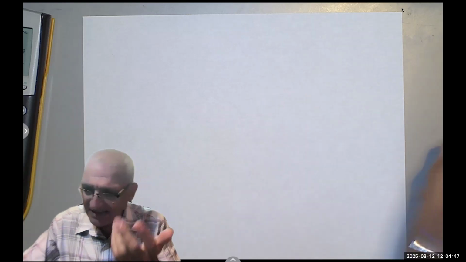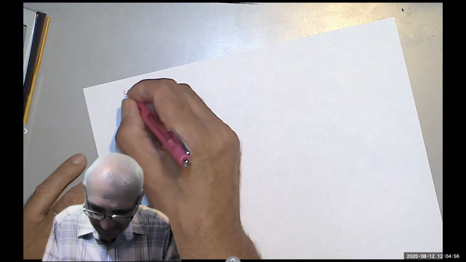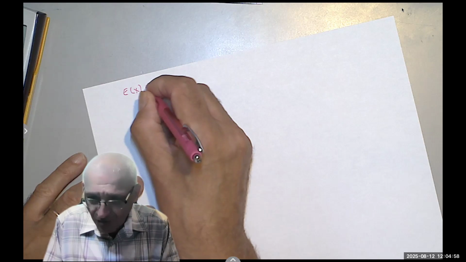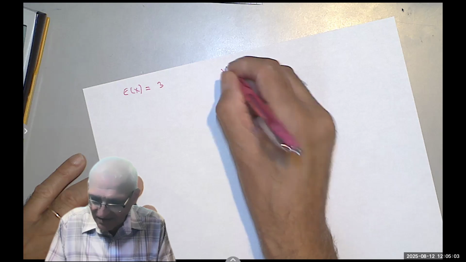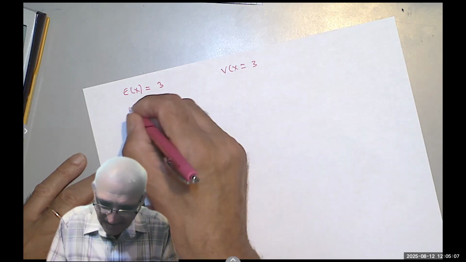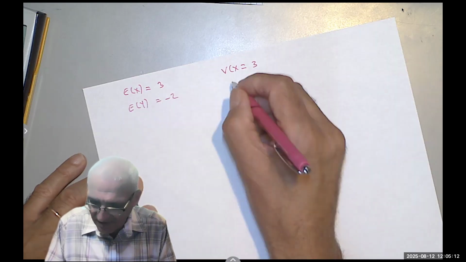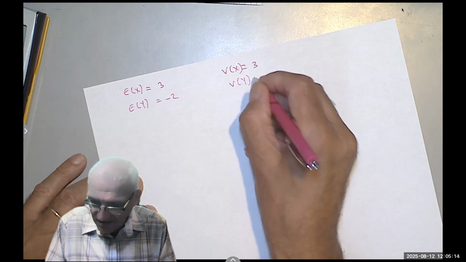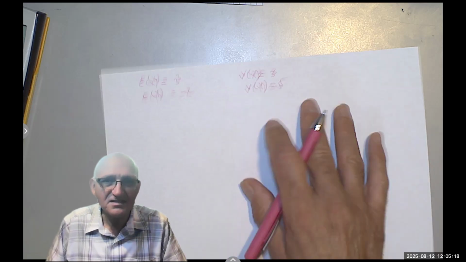So I made up some numbers here. Suppose you have two random variables, x and y. The expected value of x is given as 3, and the variance of x is also 3. The expected value of y is -2, and the variance of y is 5. The numbers don't make any sense, but suppose that's the case.